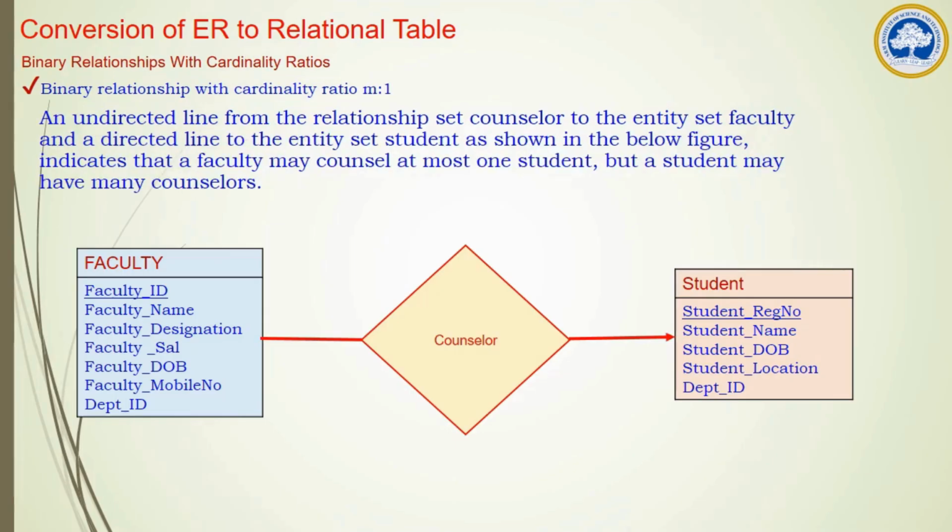Coming to the third type, here the cardinality ratio is many to one.